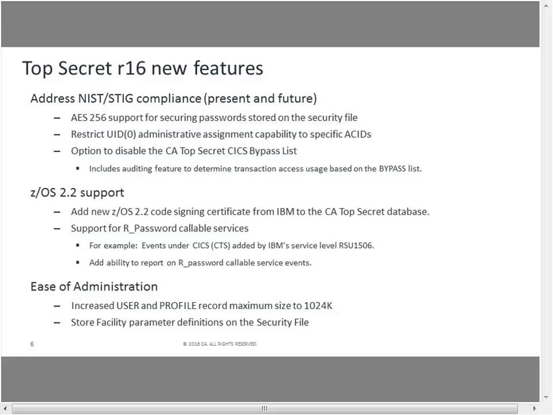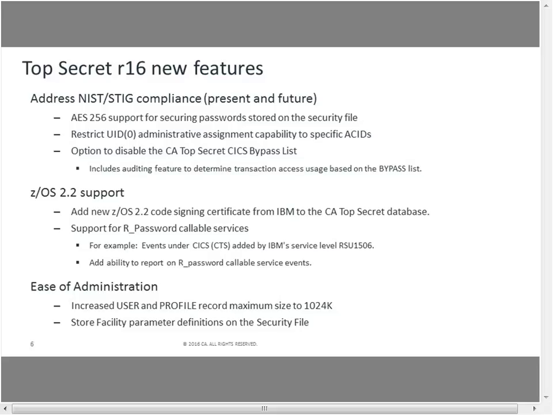So we'll get into details on further slides on the enhancements, but certainly the AES256 was a very important step for the security products to take, since DES, and even the AES128 encryption level for storing passwords and passphrases, is not at an acceptable level as far as NIST is concerned.